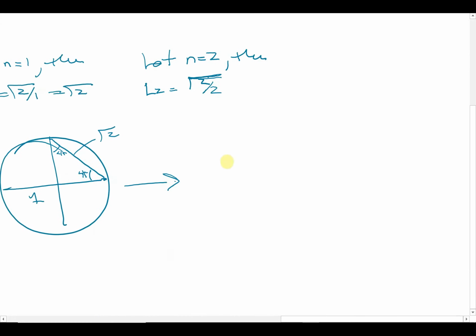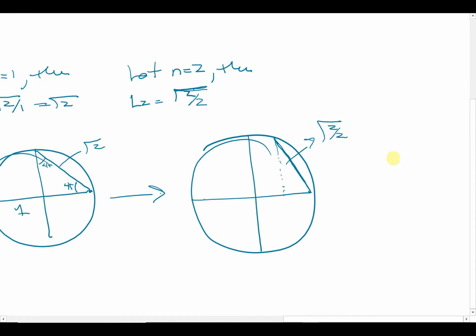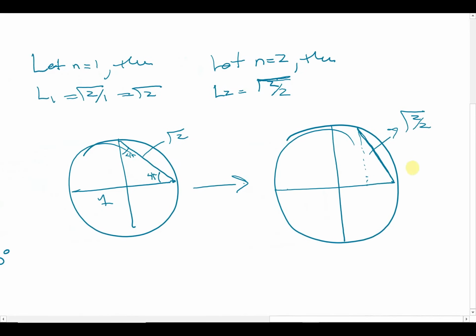So in that case, I believe, let's see. So this is cut in half. So this line segment, projection, and then we get root 2 over 2.